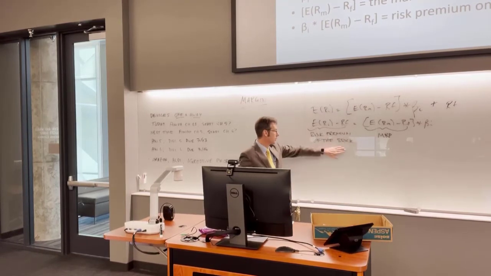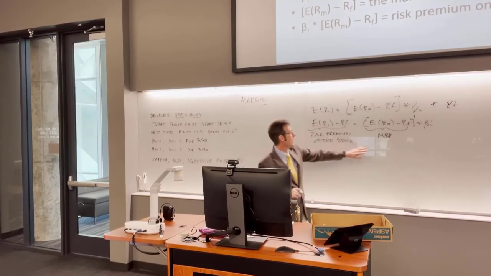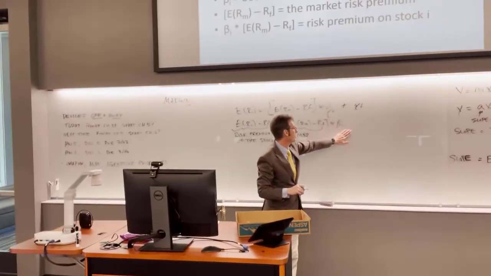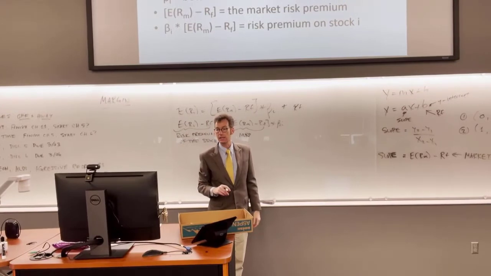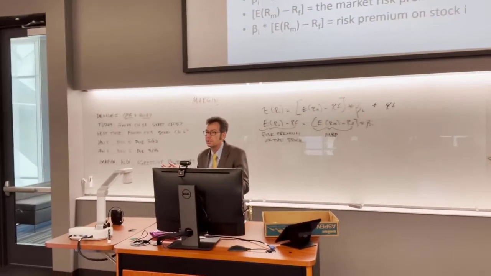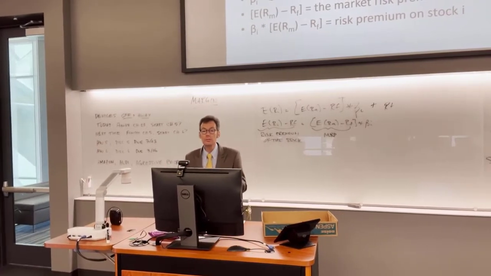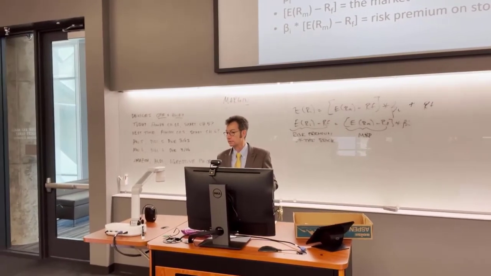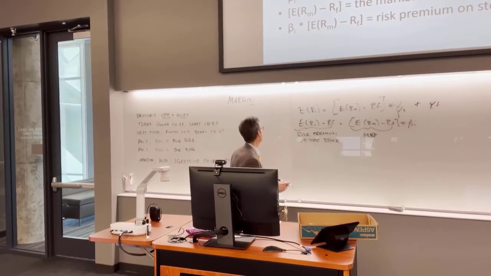You can always find the risk premium of the stock simply by taking the market risk premium and multiplying by its beta, by the stock's beta. It makes sense. If the stock is 3 times as risky as the market, that risk premium should be 3 times as high.